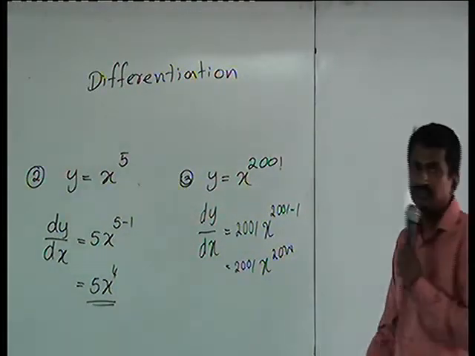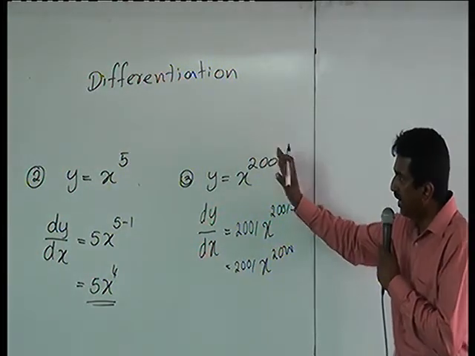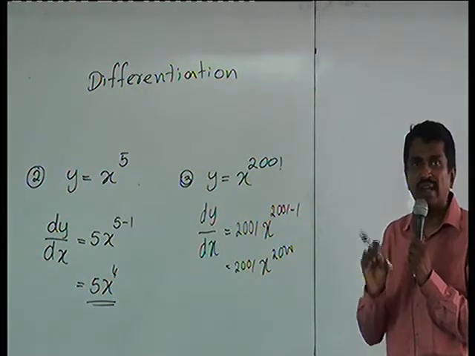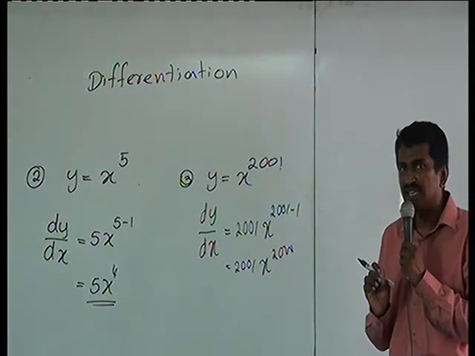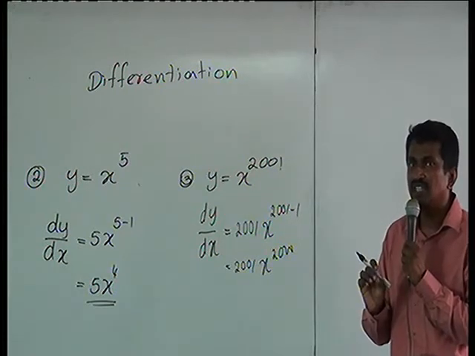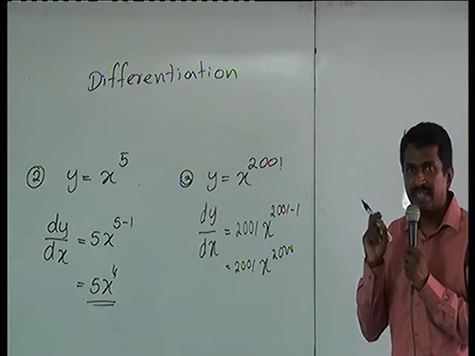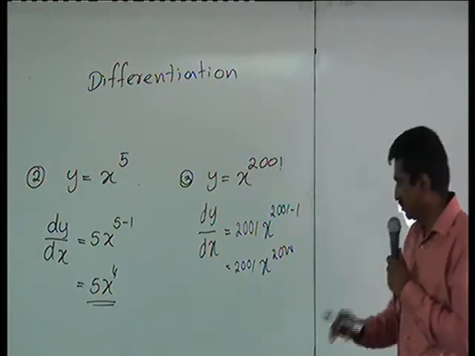That's all. Whatever the value, don't worry about it. The rule is n x to the power n minus 1. So you have to learn the formula by heart: y equals x to the power n becomes dy by dx equals n x to the power n minus 1.